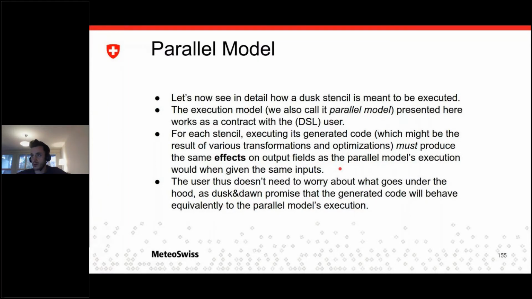So this is also like a contract with the user in this sense, because the user doesn't really need to worry about what the compiler does as long as it can be, let's say, proven that the execution according to the parallel model is the one that the user expects.